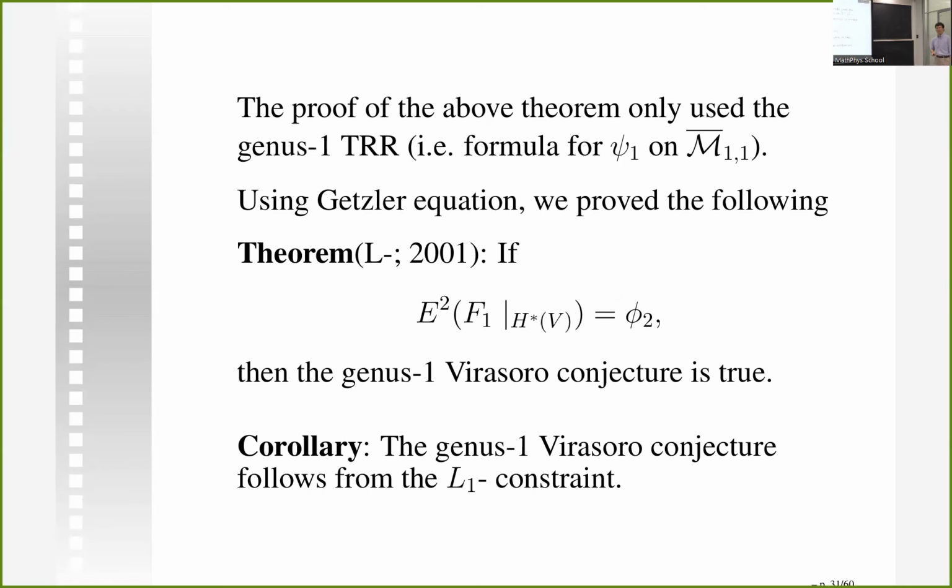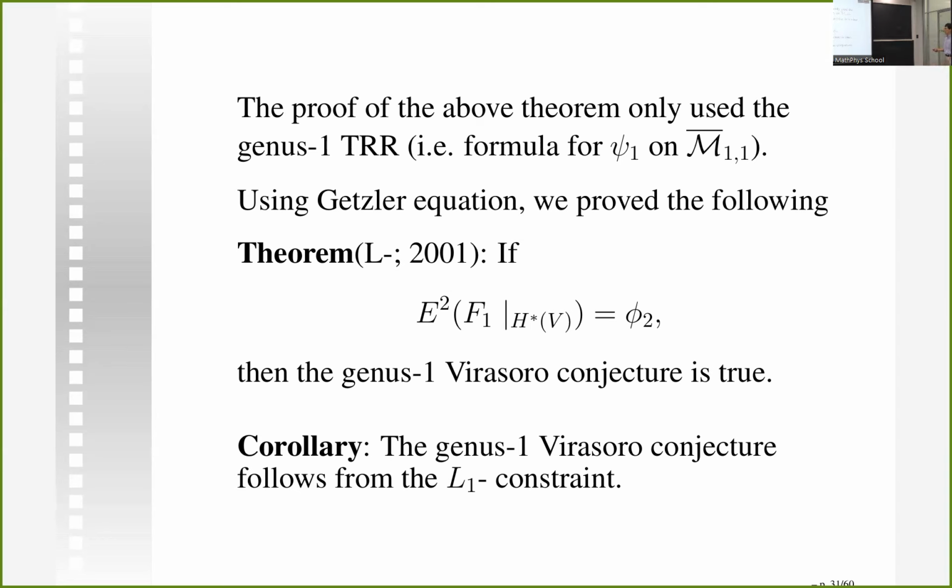Okay, so the proof of this theorem, of course, only uses the genus one topological recursion. So we need this formula for psi one on M_{1,1} bar. And then we can also take advantage of the Getzler equation to prove the following.